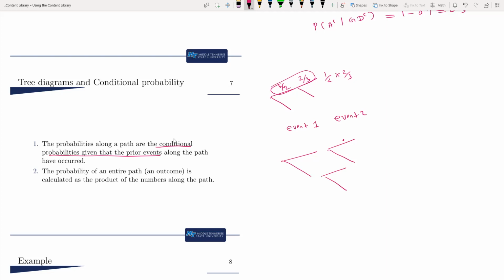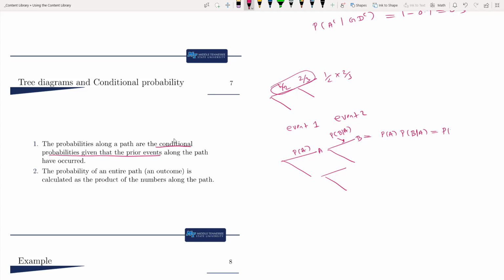Okay. So let's say this is A, then this would be probability of A. And if this is B, this would be probability of B given A.